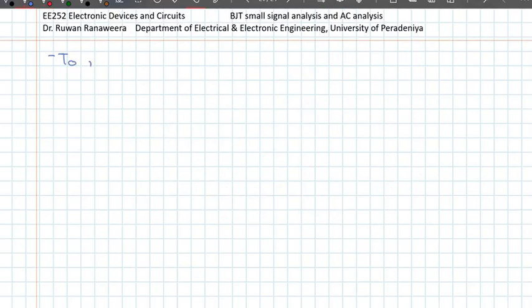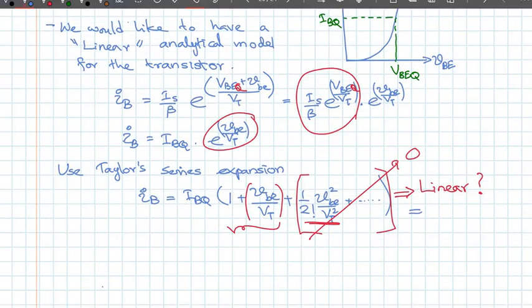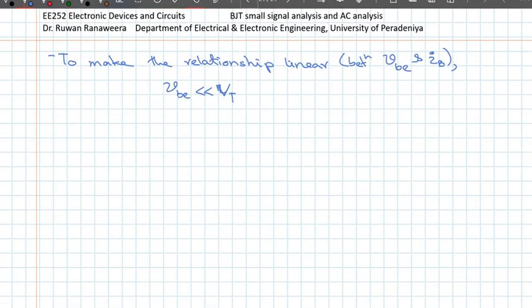To make the relationship linear between VBE and IB, VBE should be much smaller than VT. Now the previous one is for VBE over VT less than 1, but it's not enough that VBE is less than VT. In order to get rid of these higher order terms, we need to make sure that VBE is much smaller than VT, which is equal to 26 millivolts.